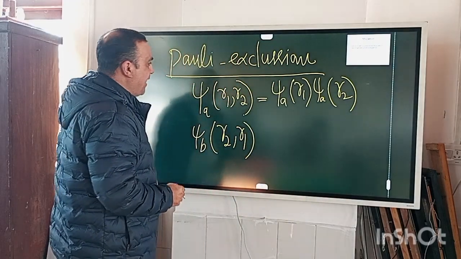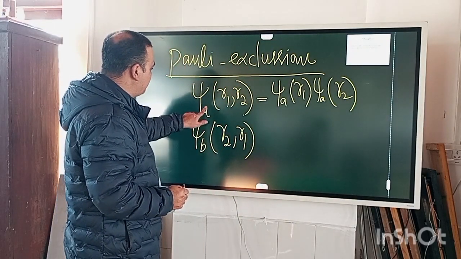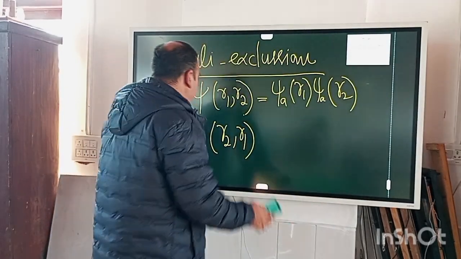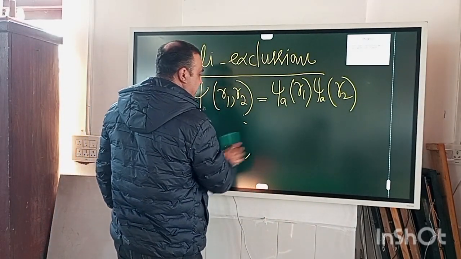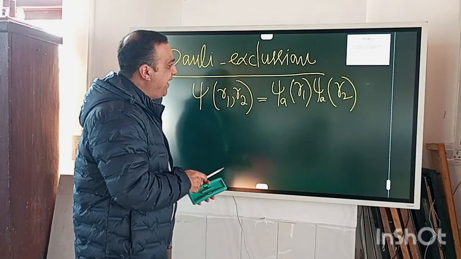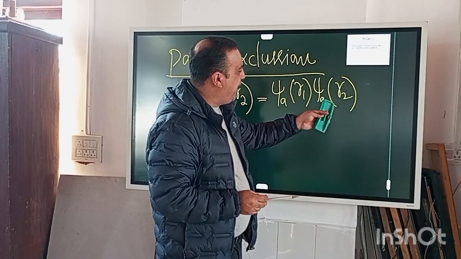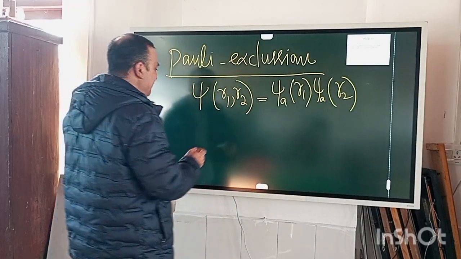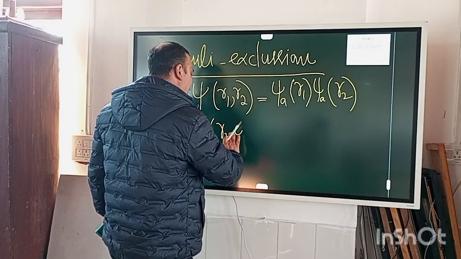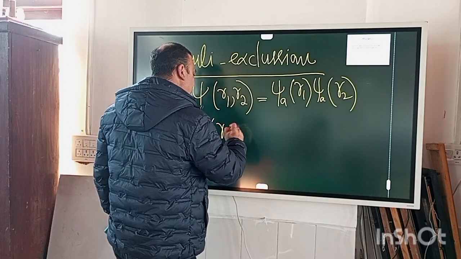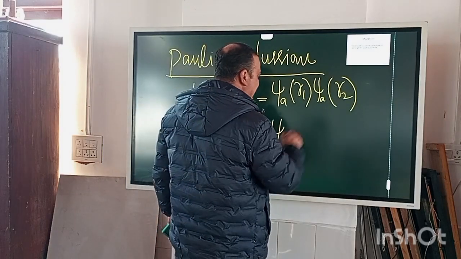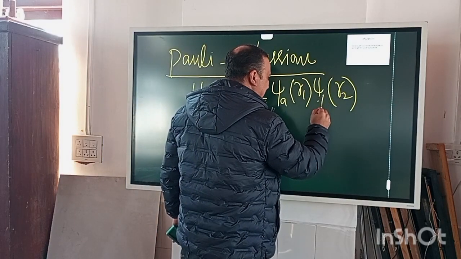Okay, I shouldn't use a subscript here. This is psi of A R1, psi of A R2, and if I exchange the two particles, R2 and R1, then I will have psi, which I should call state B now.